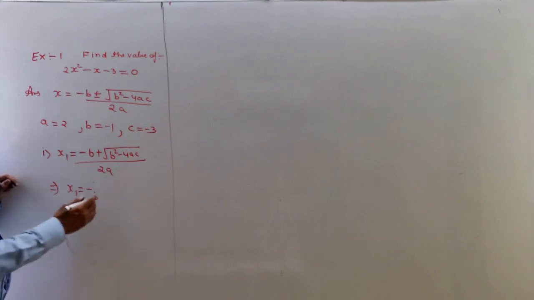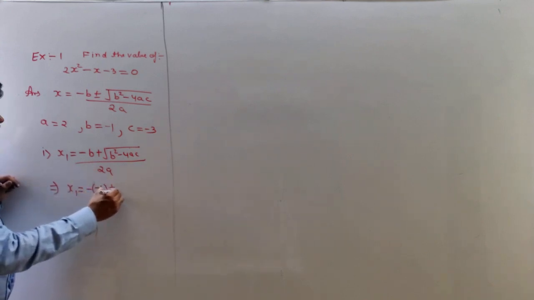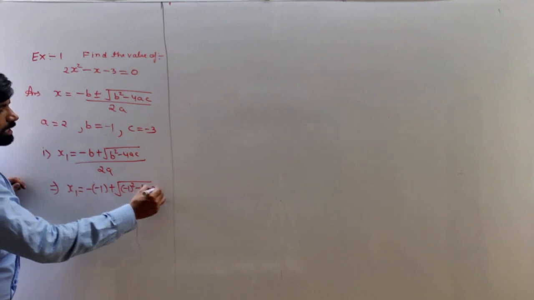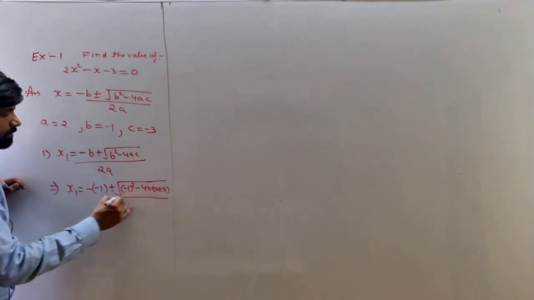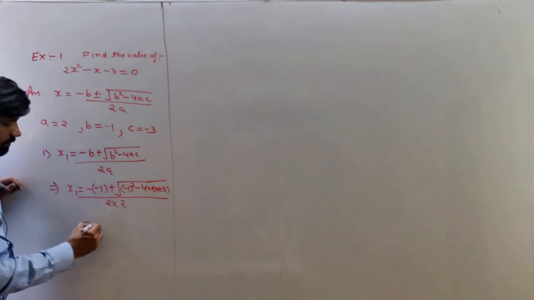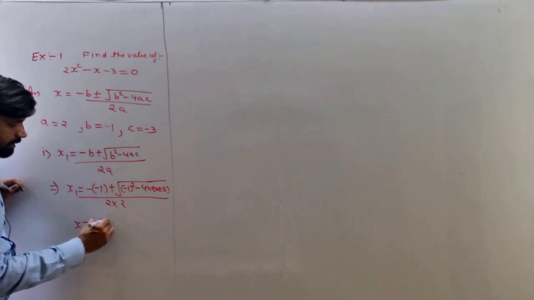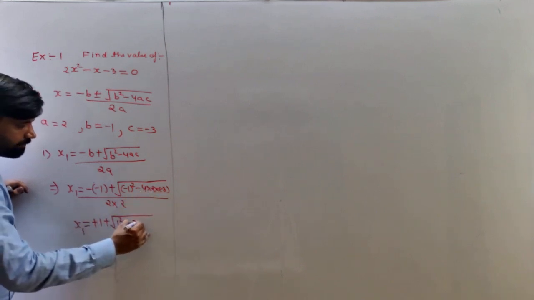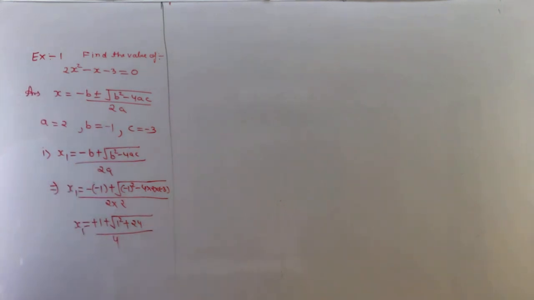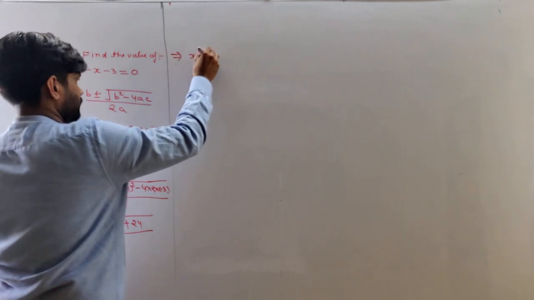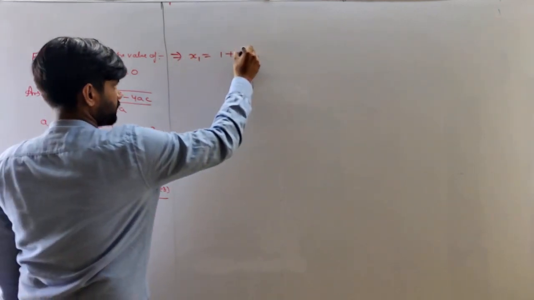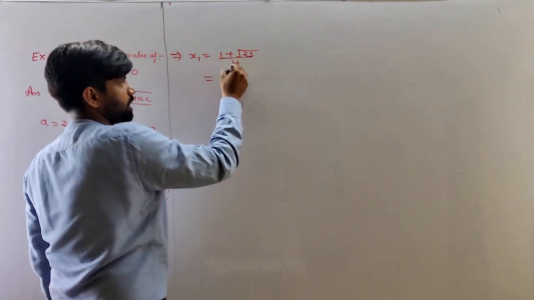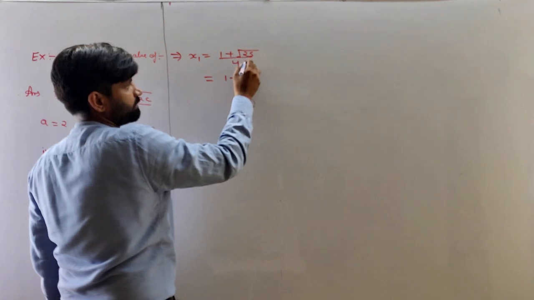So -b is -1, plus the square root of (1)² - 4 times a, which is 2, times c, which is -3, upon 2 times 2. So x1 = (-1 + √(1 + 24)) / 4 = (-1 + √25) / 4. The square root of 25 is 5.